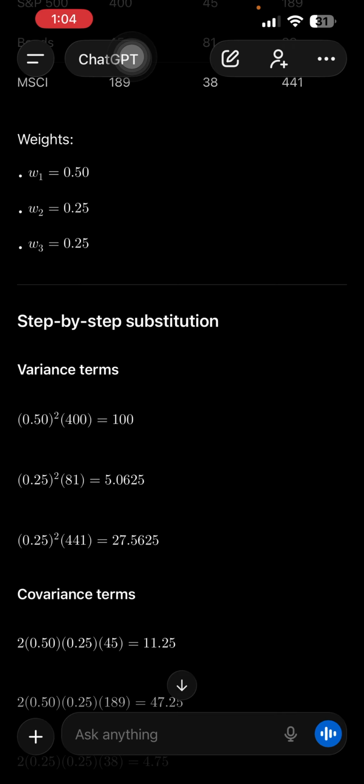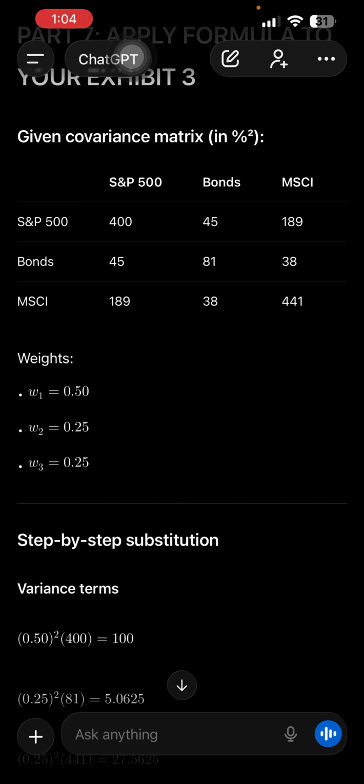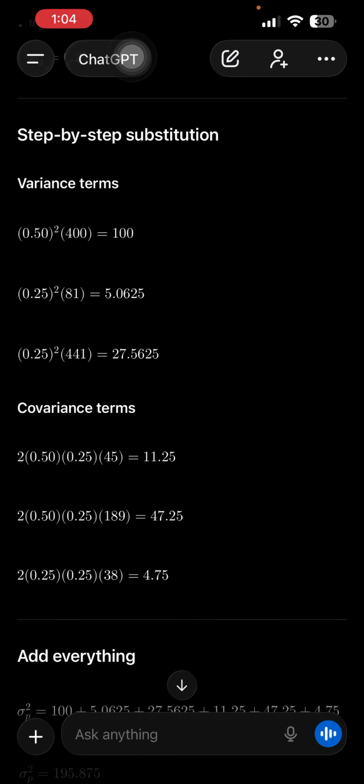And the next thing is twice into weights. So now we will see S&P and bonds: 2 into 0.5 into 0.25. And what about the relation between bonds and S&P? That is 45. So here it is 2 into 0.5 into 0.25 into 45.